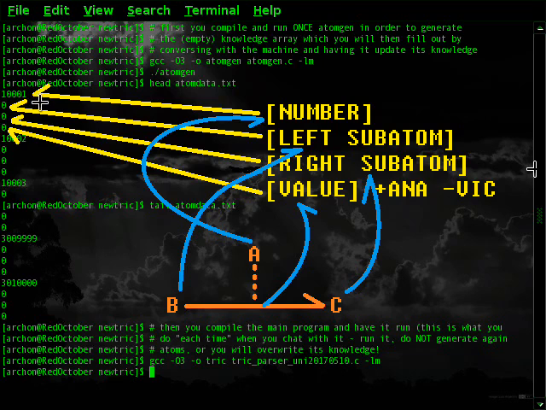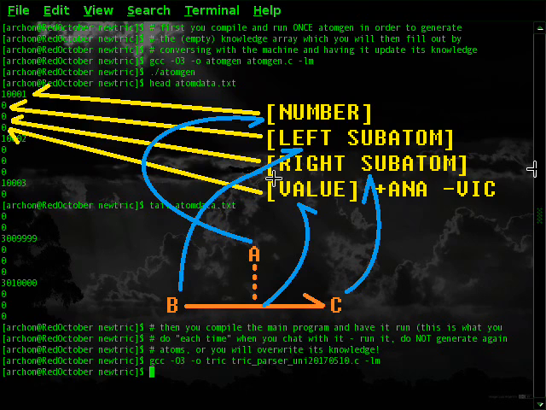Do you remember what I told you about elementary atoms? Everything under that would be an elementary atom. So the smallest possible atom number is 10,001. Then comes 0, 0, and 0, where, however, normally would be contained other numbers, namely the left subatom, the right subatom, and the atom value, where, remember again, a positive value would be an analogy atom and a negative value would be a vicinity atom.